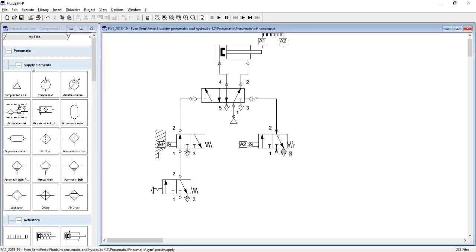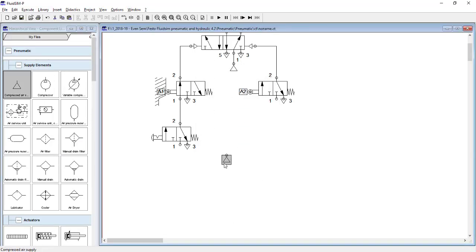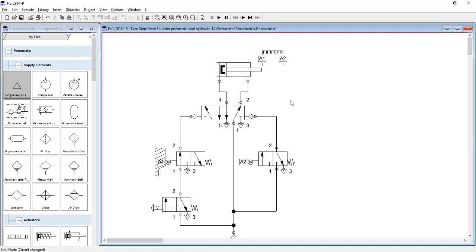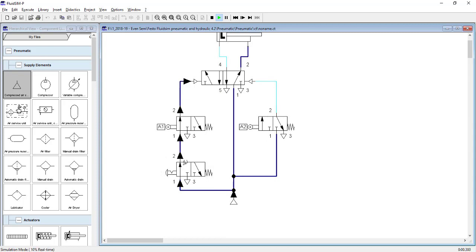Just for this once I will show, if you want to do it with a single compressor, how can you make the connection? See, you can draw it like this. Connect it over here, connect it over here. This will just make the circuit more complicated because the number of wires increases. So rather than doing this, just put the compressor everywhere. That is the right thing to do. So this is your A plus A minus circuit in pure pneumatic fashion, right?